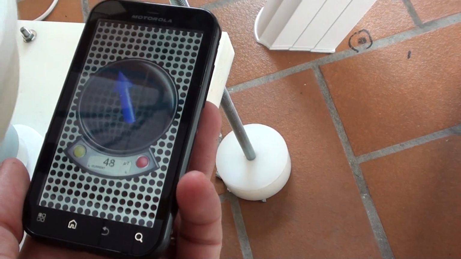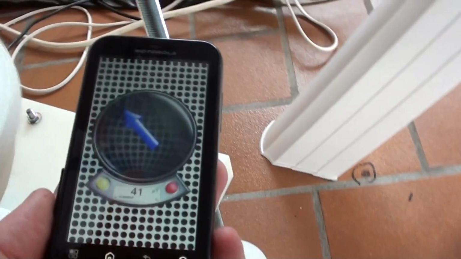And from another side, you see some wobbling.